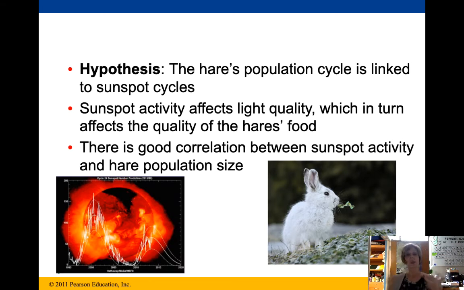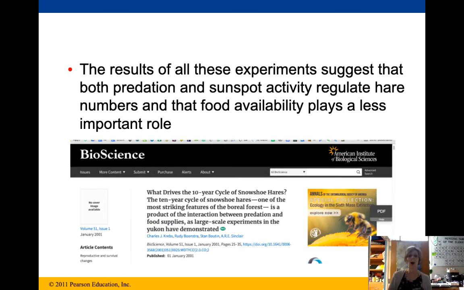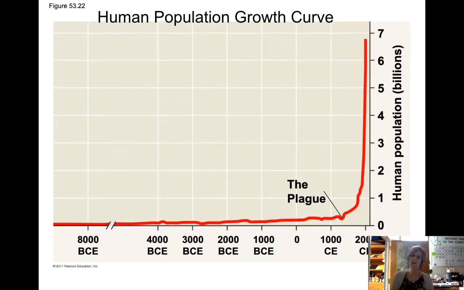Researchers also found there was a good correlation between the sunspot activity and the hare's population size because the food was increasing. We figured this out about 20 years ago: both the sunspot activity and the other predators were affecting the cycle of the snowshoe hare population, and that in turn was affecting the cycle of the lynx. So we're going to finish up today talking about the human population curve.